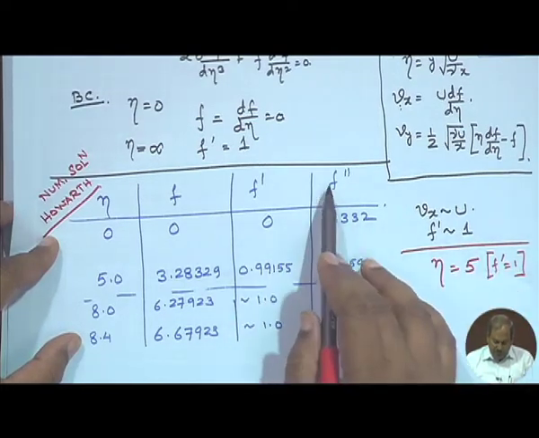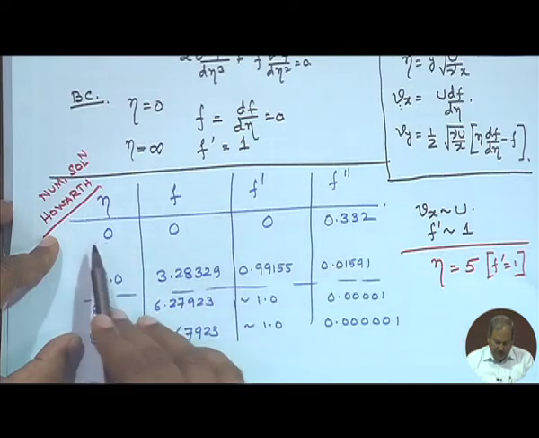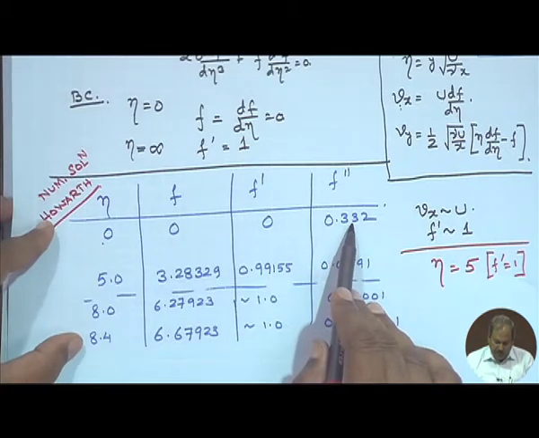So, d2f by d eta square, which is nothing but f double prime, for the value of eta equal to 0, is simply 0.332.